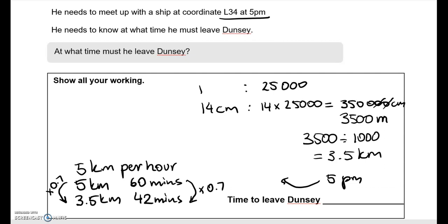We can go backwards by 30 minutes first to get 4:30 p.m. and then another 10 minutes to get to 4:20 p.m. and another 2 minutes to get to 4:18 p.m.